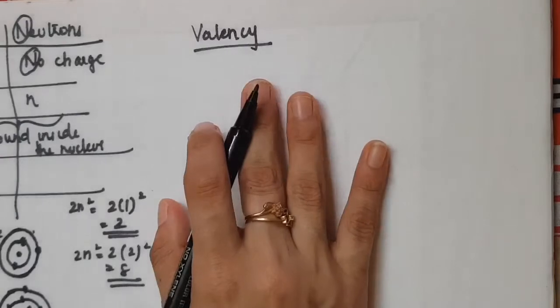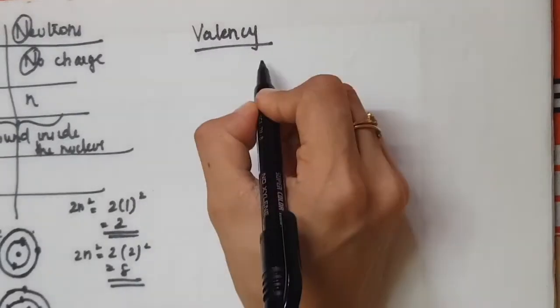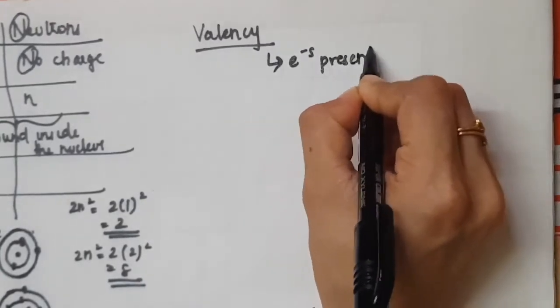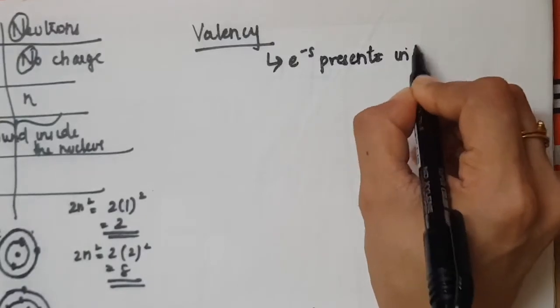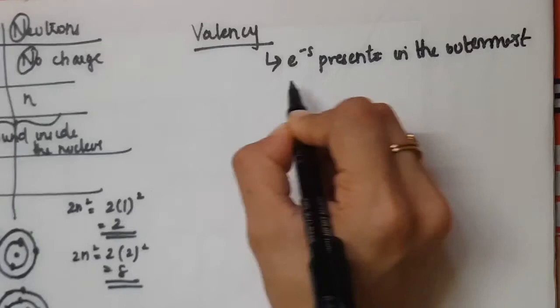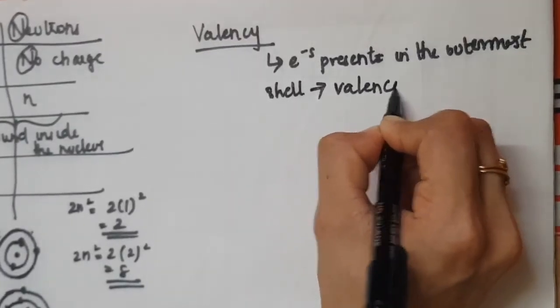So the electrons present in the outermost shell are called the valence electrons.